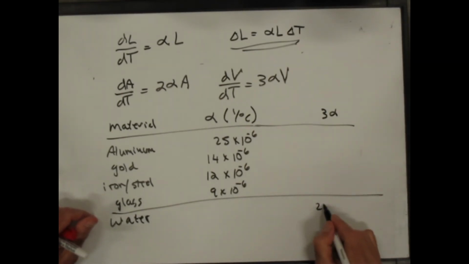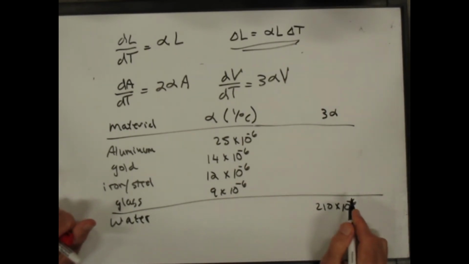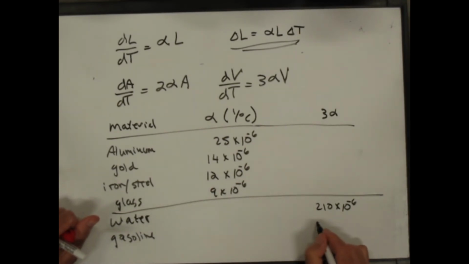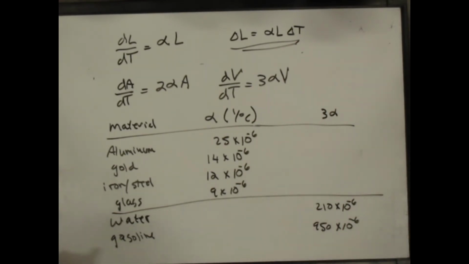This is 210 times 10 to the minus 6. Gasoline is 950 times 10 to the minus 6. That's probably enough.